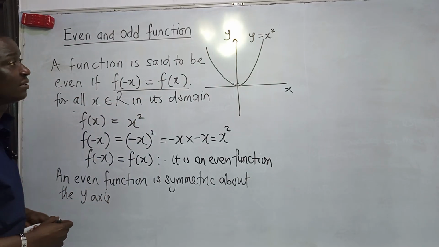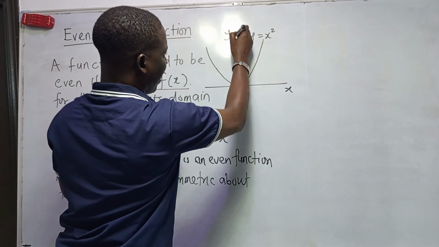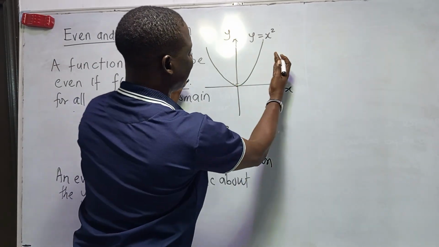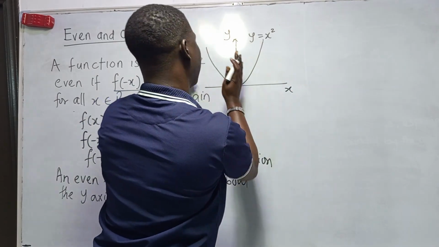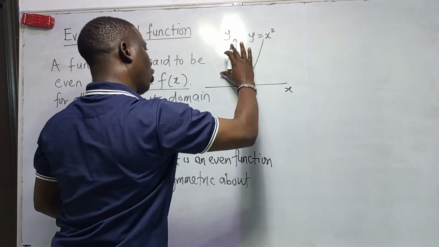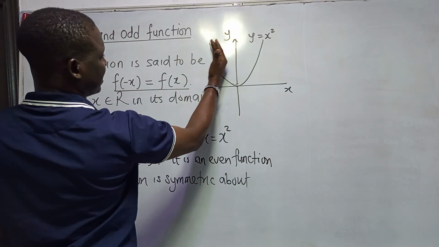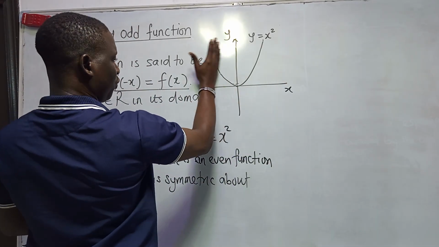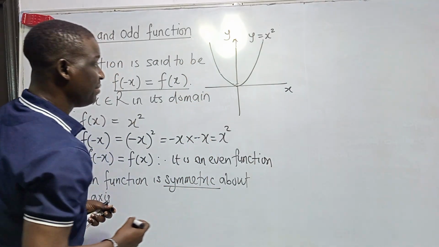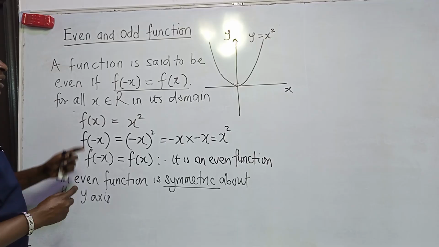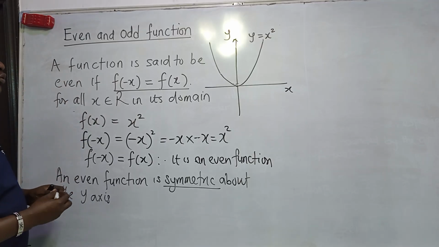What I mean is that the y-axis divides the right hand side from the left hand side equally. So whatever you are seeing on the right hand side is also the same as what you are seeing on the left hand side. That's what we mean by symmetric. That's one thing about an even function that you must also take note of.